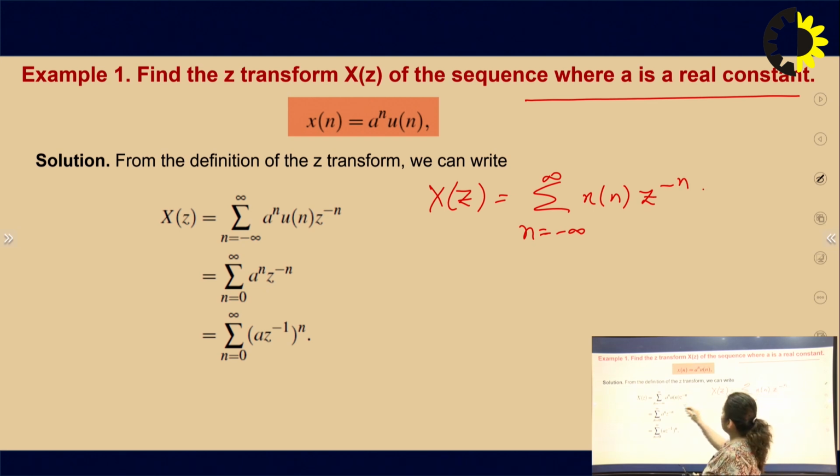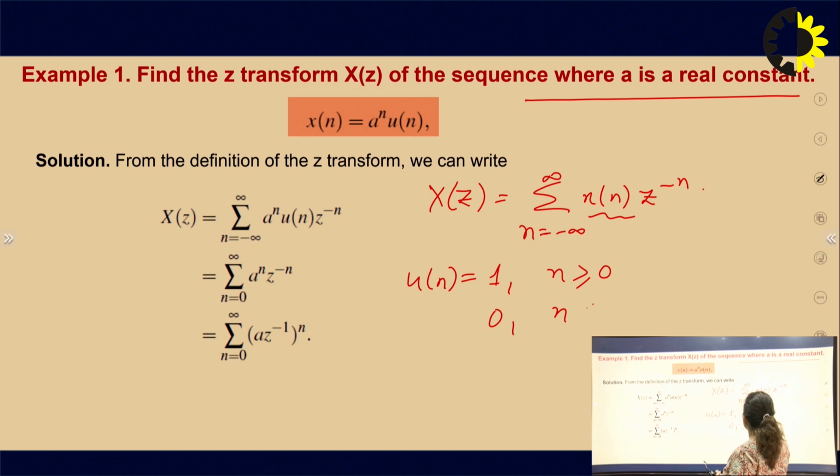So using this formula, in place of xn we write a to the power n un, and un we know already, that is 1 for n greater than or equal to 0, and 0 for n less than 0. So a to the power n, z to the power minus n, and in place of un we write 1, and the limits will change from 0 to infinity.